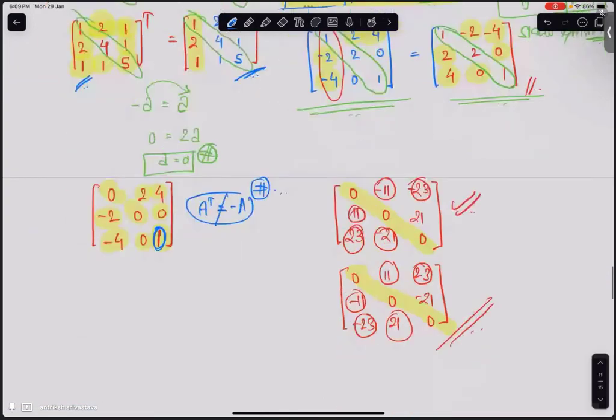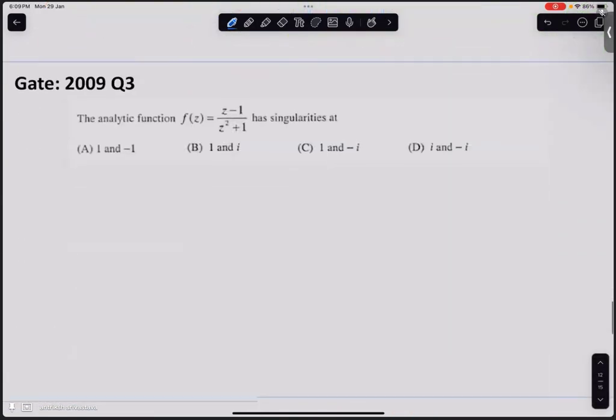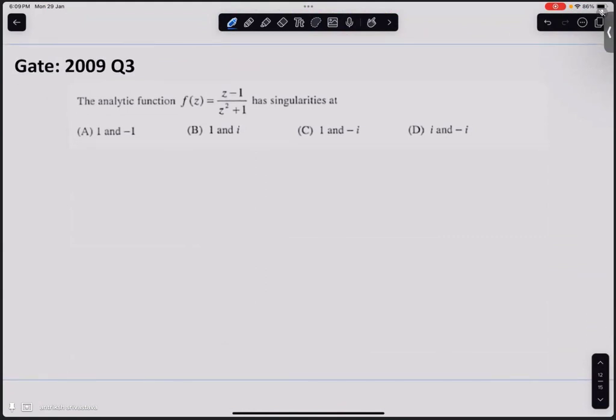Let's go to the next question. GATE 2009 question number 3. So we have an analytic function f(z) = (z - 1)/(z² + 1). This function has singularities at z = 1 and -1, z = 1 and i, z = 1 and -i, or z = i and -i.